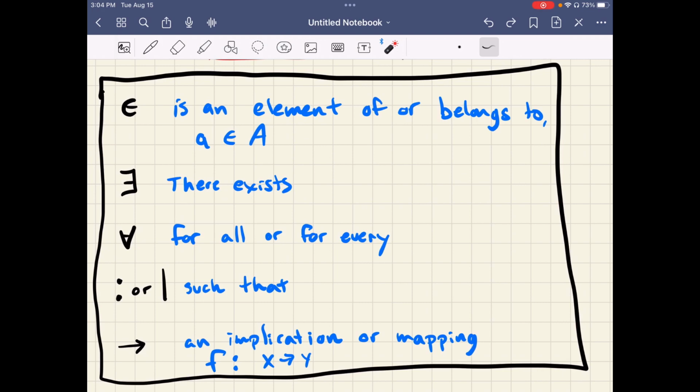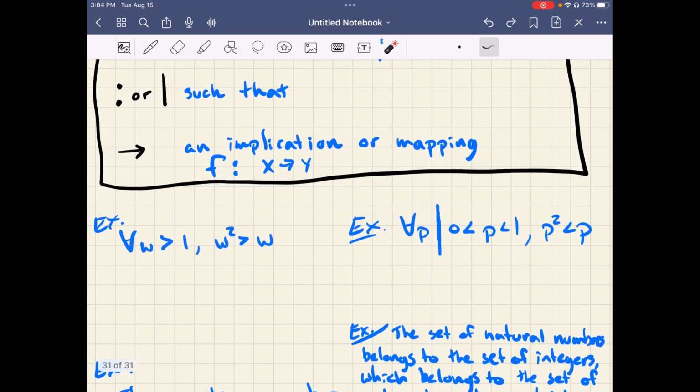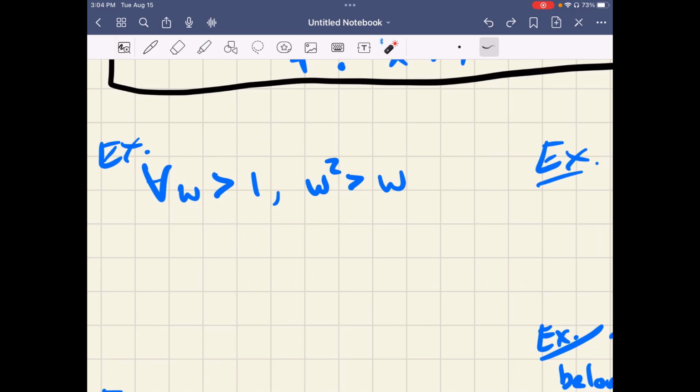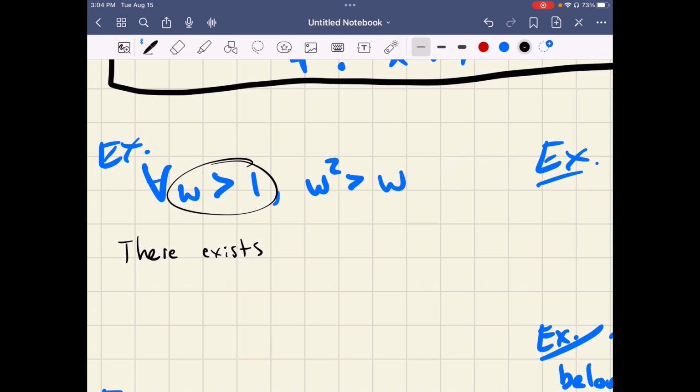In order to practice this, we're going to take a look at a few examples. Here we have the backwards E, which represents the phrase there exists. Sometimes people write out this next part, and some people leave it as the mathematical statement. I'm going to show you both ways in the same one, because you can see we have a similar mathematical statement on the other side. Either way is okay.